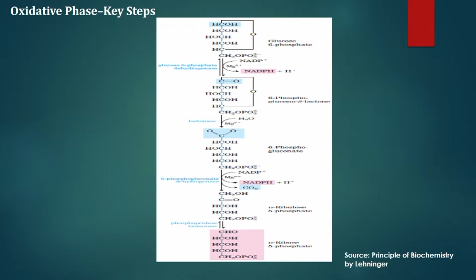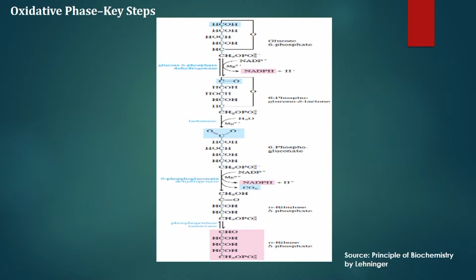So in this step, what is happening is that NADP plus is converted into NADPH, where this NADPH molecule is involved in the formation of the defense system, which I will discuss.